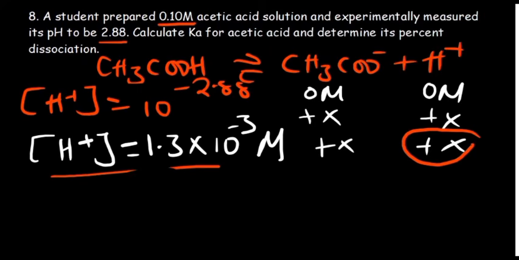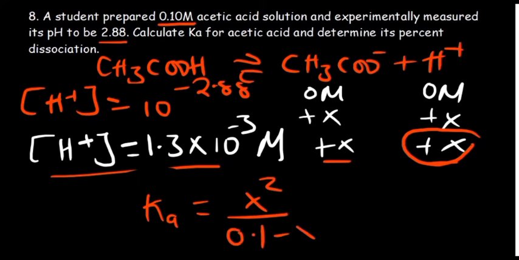Okay, so now the question was asking us to find the value of Ka. So we basically understand that the value of K is dependent on the equilibrium concentrations. So we said for a product we just have x and x, so it's x squared. Then for our reactant we add the initial concentration 0.1 minus x. So okay, what are we trying to find?